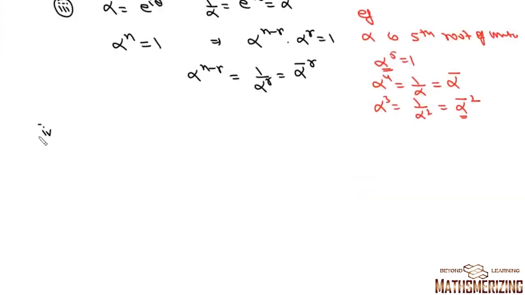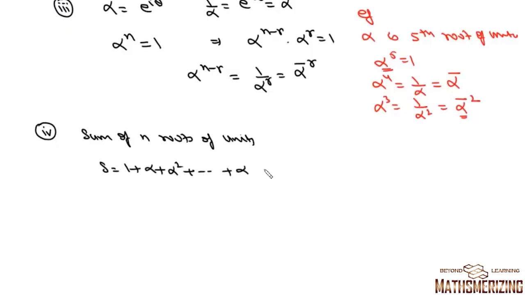Now this fourth result is sum of n roots of unity, which is 1 plus alpha square up to alpha to the power n minus 1, it is 0. So sum of all the roots of unity, it is simply 0.